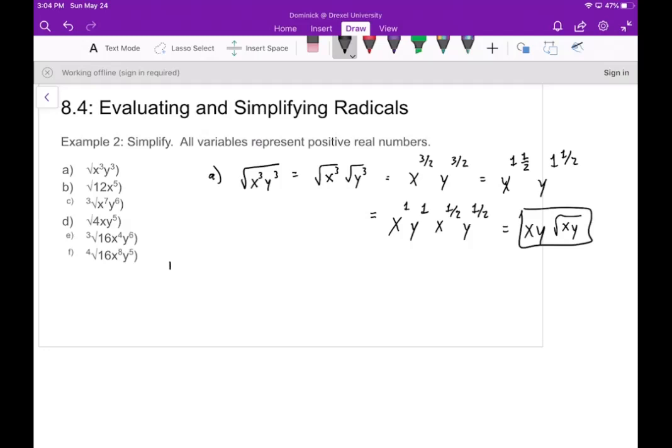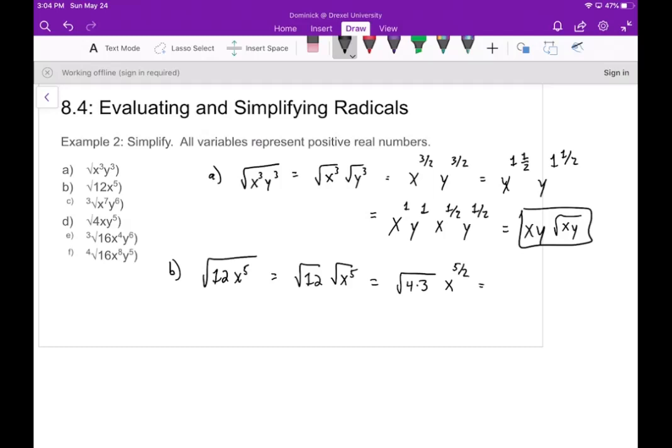Okay, let's look at part B. Part B, we have the square root of 12 x to the 5th. Well, first things first, we'll separate. Now for 12, I want to write 12 as the product of two numbers where one is a perfect square. And of course, if you use 4, we can multiply it by 3 and get 12, so we'll do that. And the square root of x to the 5th, I'm going to write as x to the 5/2.